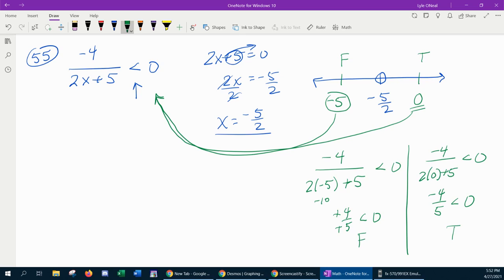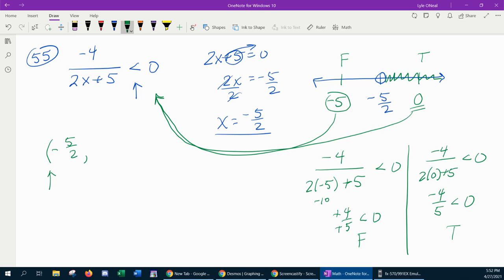So once you've determined each interval, whether it's true or false, you need to shade the true stuff, because that indicates the solution set. And we're going to express this shaded region in interval notation. So the solution in interval notation is going to be parenthesis, negative 5 halves.